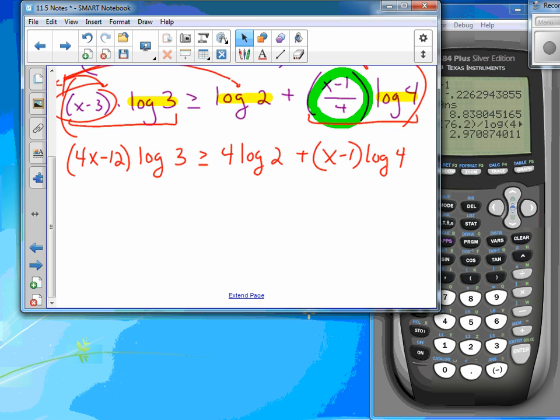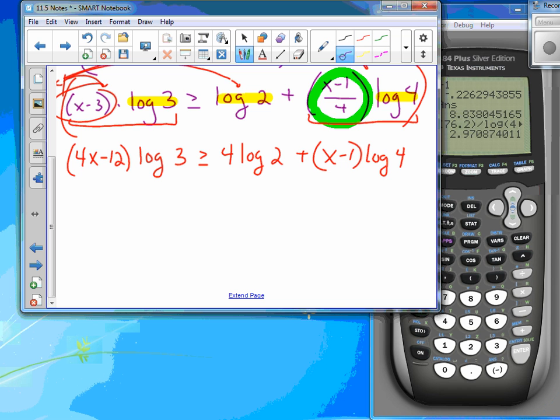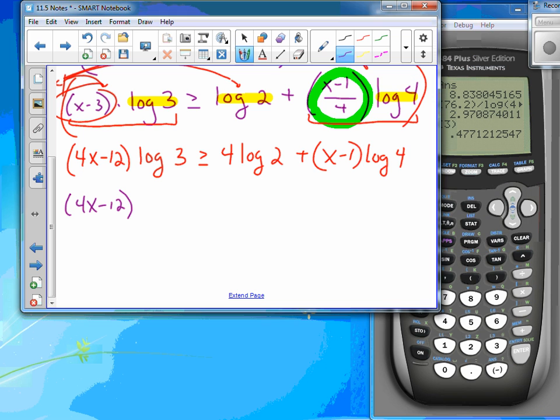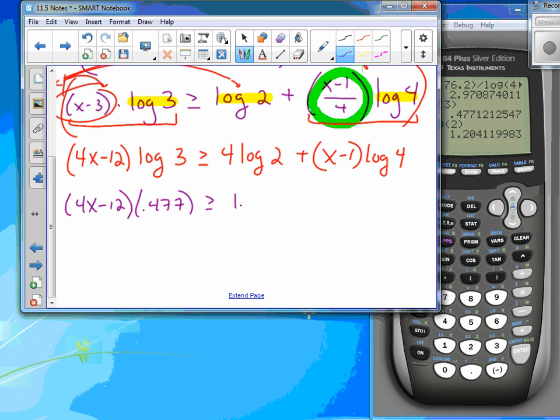Now, at this point, I will go back and I'm going to change all the logs to regular numbers because I don't want anyone getting confused. Okay? So I have 4x minus 12, and log 3 is 0.477. Four log 2 is 1.204.